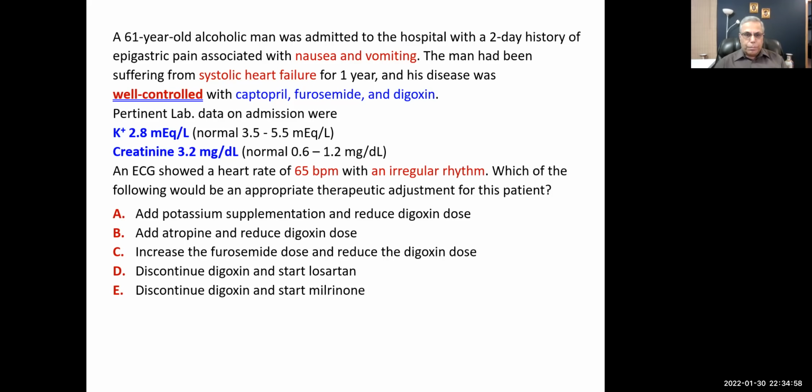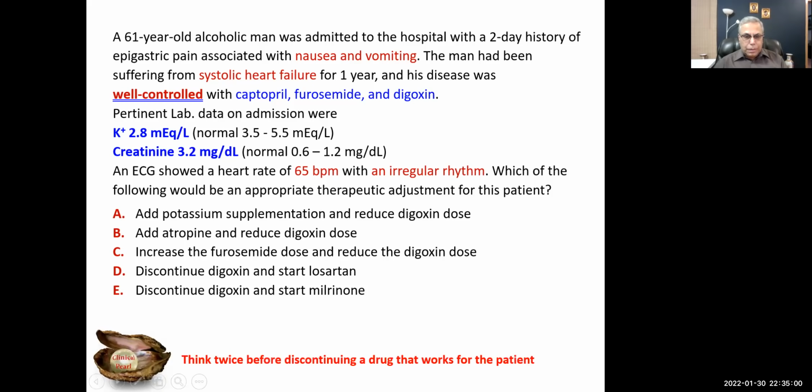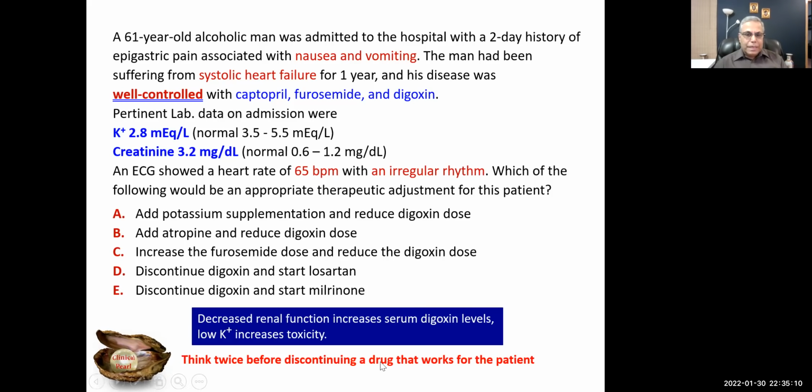All right. So there is a clinical pearl which says that think twice before discontinuing a drug that works for the patient. Decreased renal function, increased serum digoxin levels, and low potassium also increase the toxicity of digoxin, right? So for this, you cannot do much.